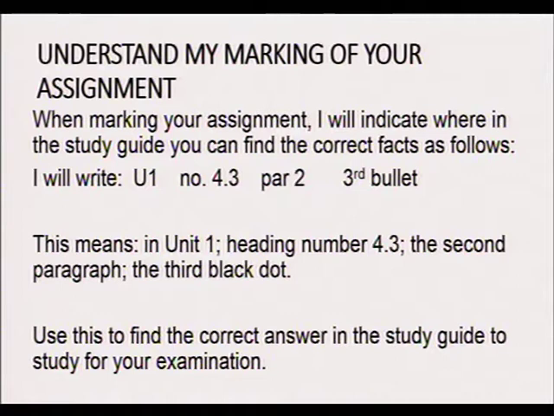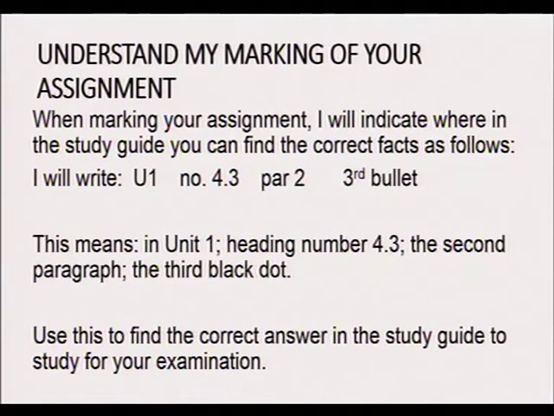Now, how to understand my marking of your assignment? When marking your assignment, I will indicate where in the study guide you can find the correct facts as follows. I will write Unit 1, number 4.3, paragraph 2, third bullet. This means Unit 1 is the unit number, heading number 4.3, the second paragraph, the third black dot.